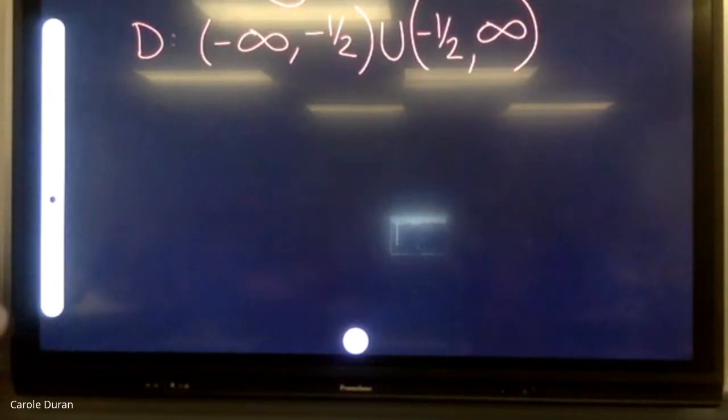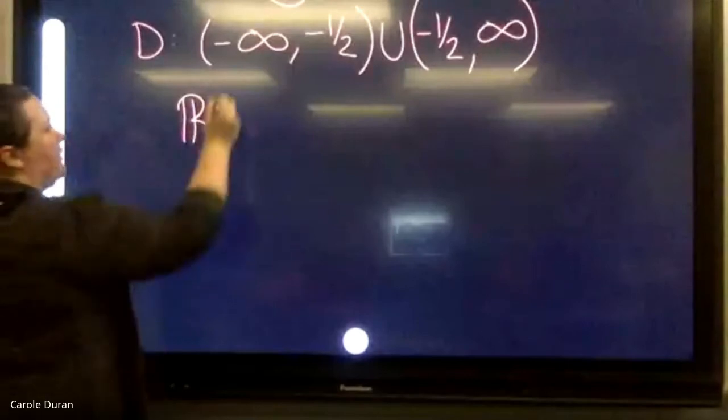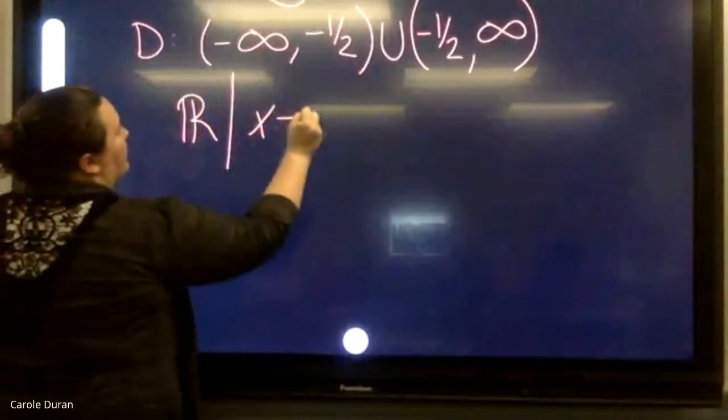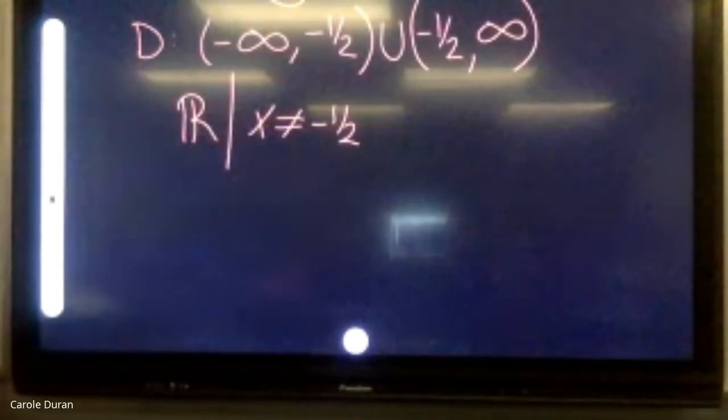So my intervals are literally every single possible number except for negative 1/2. If you wanted to continue using that double-walled R, you would say the set of all real numbers except x can equal negative 1/2. That would also be an acceptable domain.